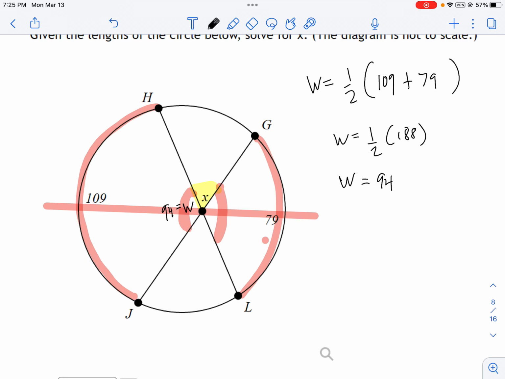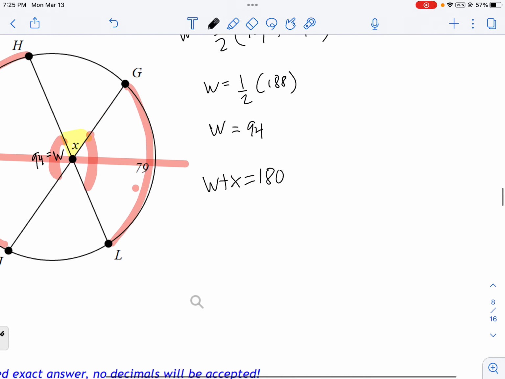Well, this is kind of borrowing things from a few past videos, hopefully a few properties that you already know of. As you'll notice that you have a line here. You'll notice that W and X are on the same side of a line, which means that they are what we call supplementary angles. Now, a supplementary angle means that it adds up to 180 degrees. That means that W plus X must be 180.